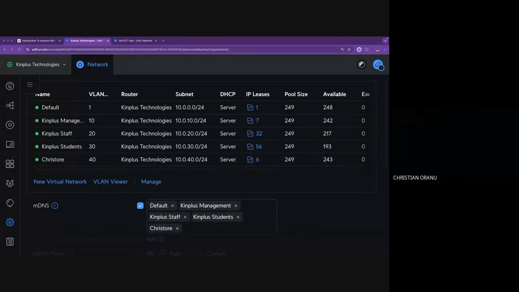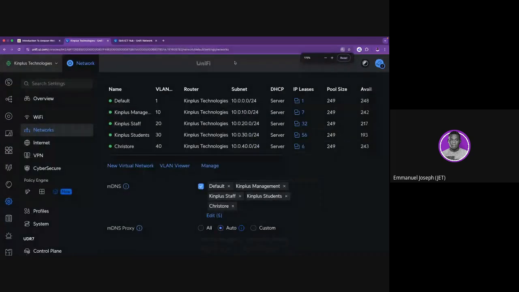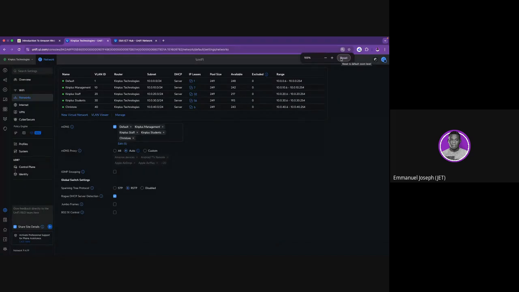Sir, please come again. Okay, all right. Let me look for a different analogy. When it comes to private IPs, the IP everybody is familiar with is 192.168.0.0.